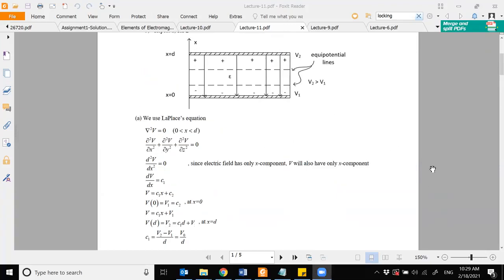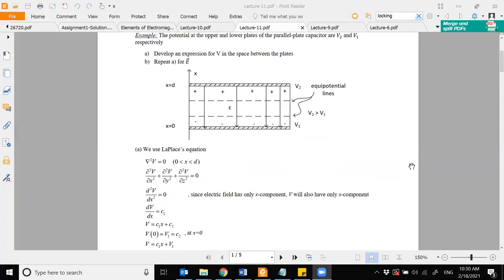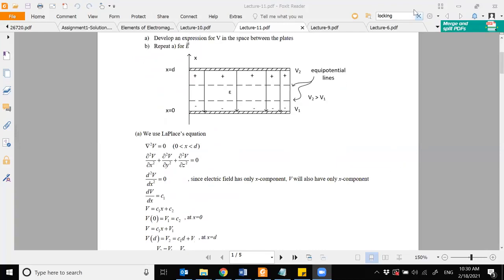What are those boundary conditions? See here. The boundary condition is, first, if my x is 0, that is I'm here, then what should be the potential? What should be my potential here? V1.